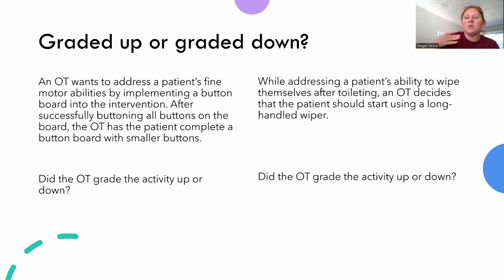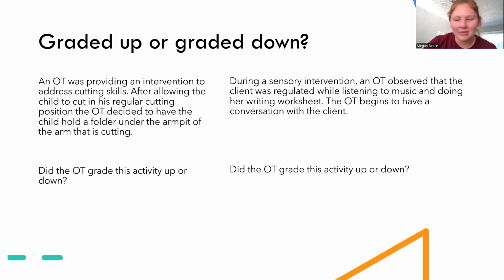Instead of doing it independently or with assistance, they're using modified assistance or modified independence. They're using assistive equipment, so it is grading down. That also can kind of be confusing depending on the assistance given, but for this case, the client was doing it independently and then struggled. So graded down. That was a bad example.